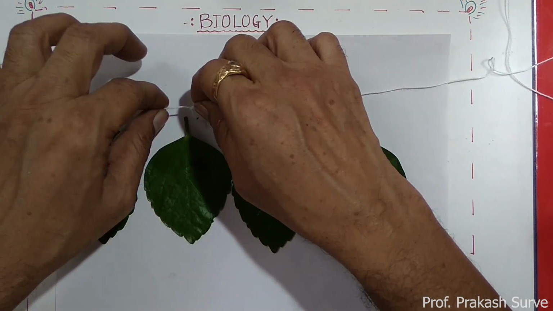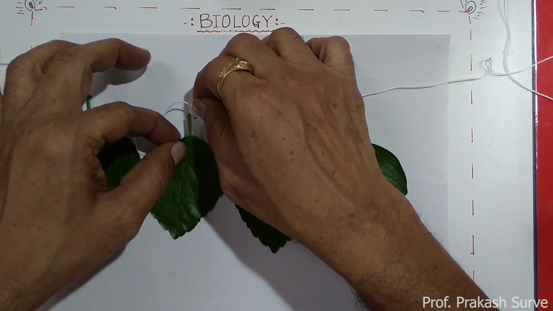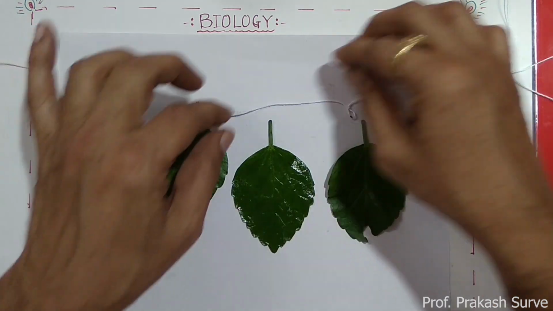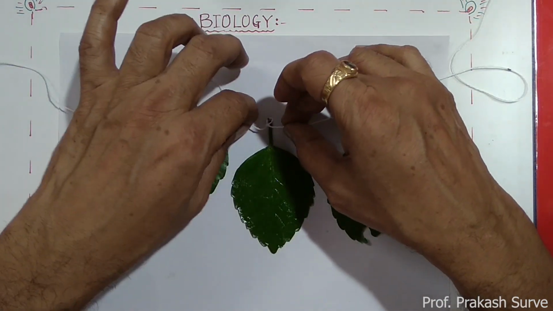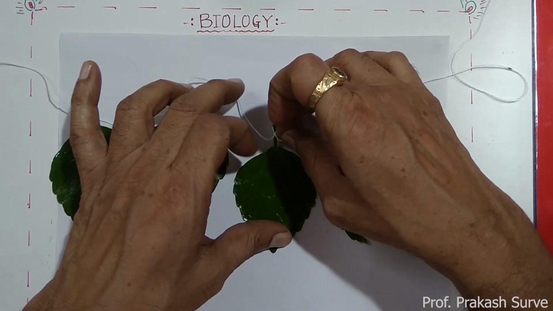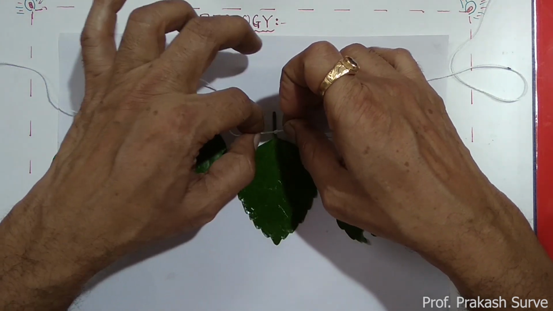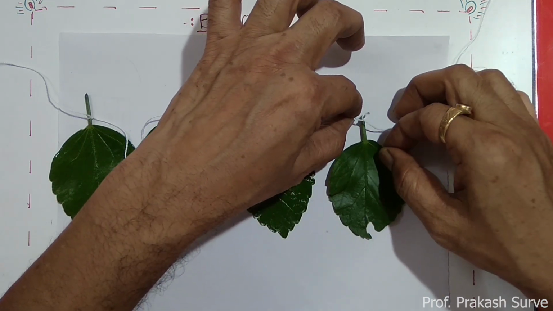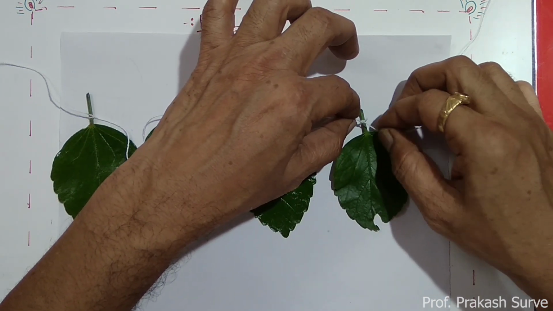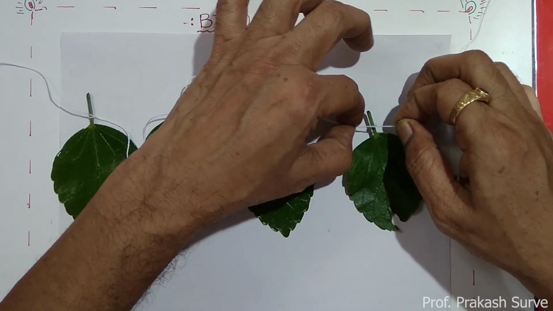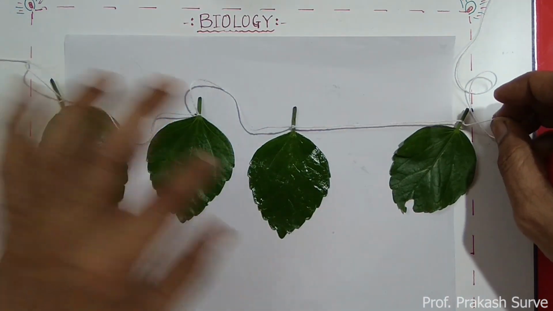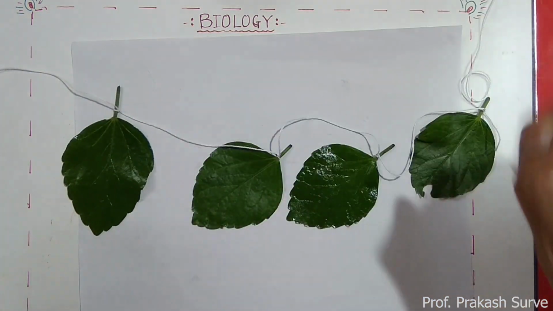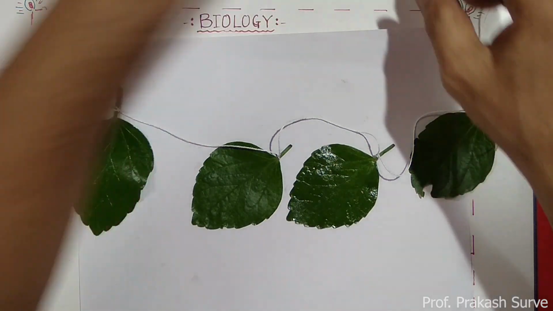Now the second leaf, that is leaf B. Now leaf C. And leaf D. So here all the four leaves are tied with the help of the thread. Now I will tag this A, B, C, D along with this.